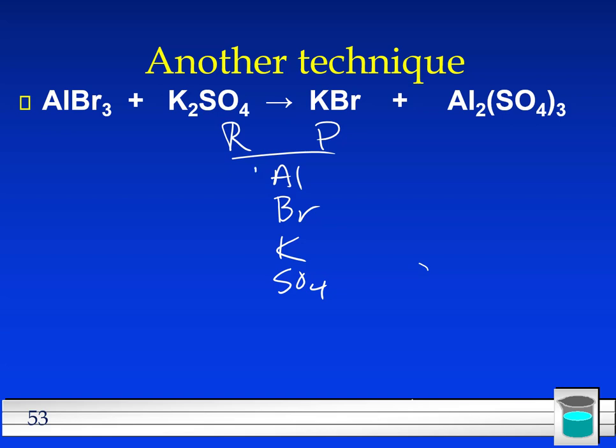So I've got 1 Al, 3 Brs, 2 Ks, and 1 SO4. On the other side, 2 Als, 1 Br, 1 K, 3 SO4s.